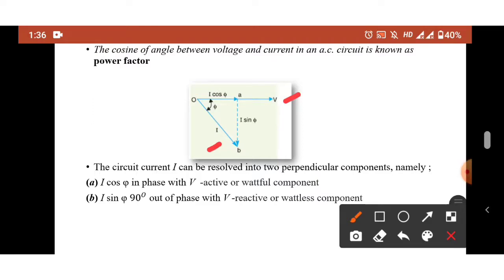Current I is resolved into two components, one along voltage V and another 90-degree out of phase with V. The component along voltage V is I cos phi, called the active or wattful component, and the component 90-degree out of phase with voltage V is I sin phi, called the reactive or wattless component.